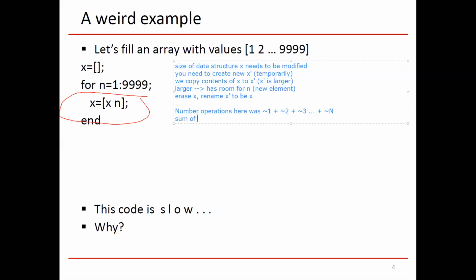And the sum of 1 plus 2 plus and so on, a simple arithmetic series, is N times N plus 1 divided by 2. It's sort of, not exactly, quadratic in capital N. It's not linear.